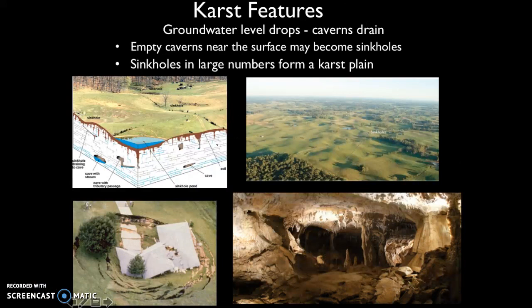This slide is pretty self-explanatory, but it gives you an idea of how the process goes. Whenever you have groundwater traveling through cracks and faults within the limestone beds or the marble or the dolostone beds, that water, which has some carbonic acid within it, is going to start dissolving the rock.